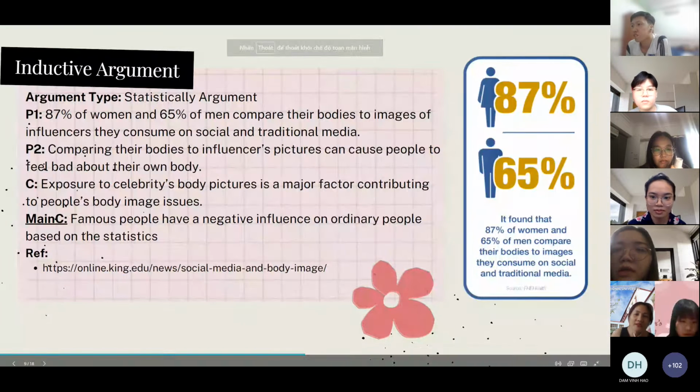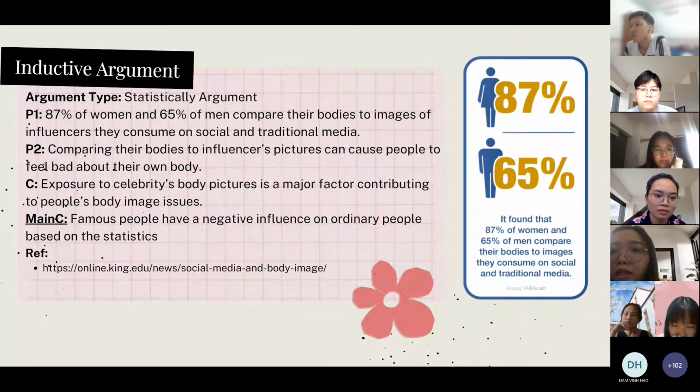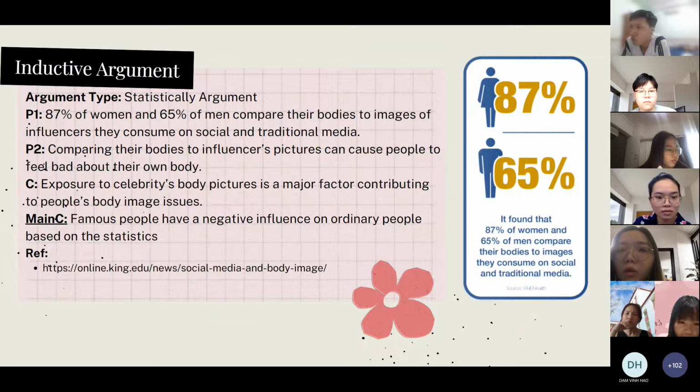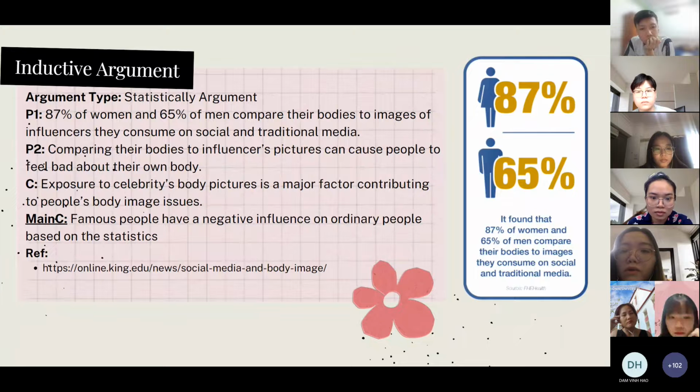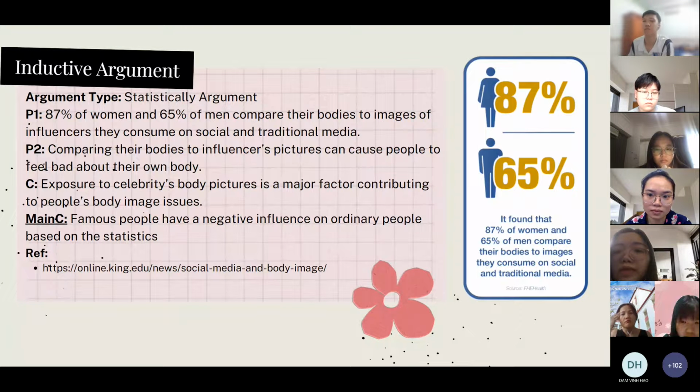I would like to comment a little bit on this. In the conclusion, you can see that the exposure to celebrity body pictures is a major contributing factor. I agree with you that we did not accuse famous people of posting these pictures. However, we are aiming at the fact that the pictures they post are usually heavily edited as well. So the exposure to these heavily edited pictures can cause this kind of influence.